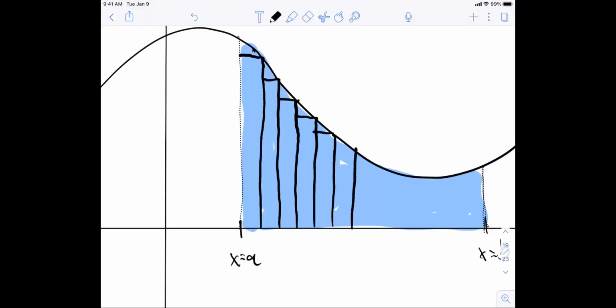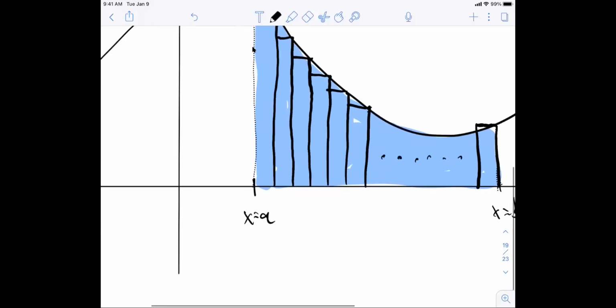So we do this some number of times, and then my last rectangle is right here. There are n of these rectangles.